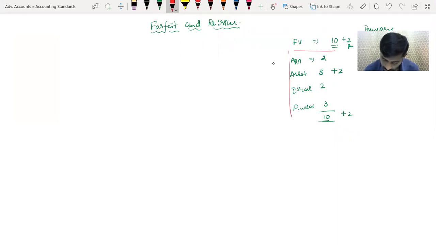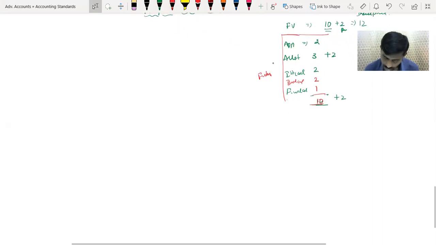Let us make this second call 2 rupees, final call 1 rupee, so that it is 10. Now imagine the company has called up to this second call. It has been called completely, up to this.